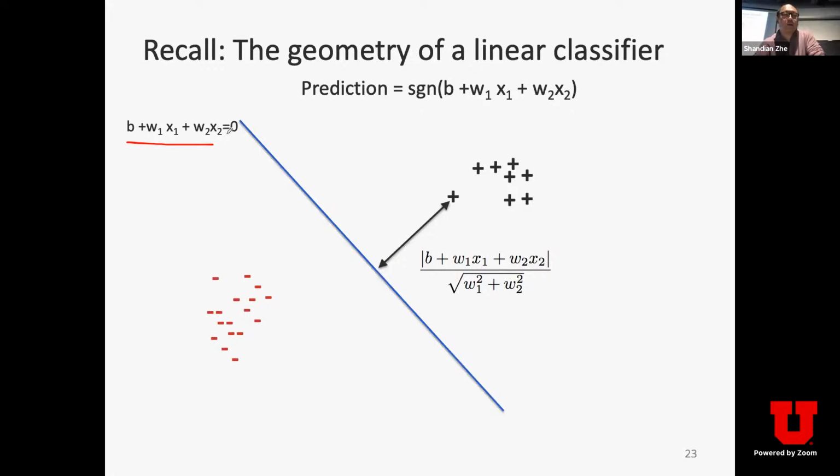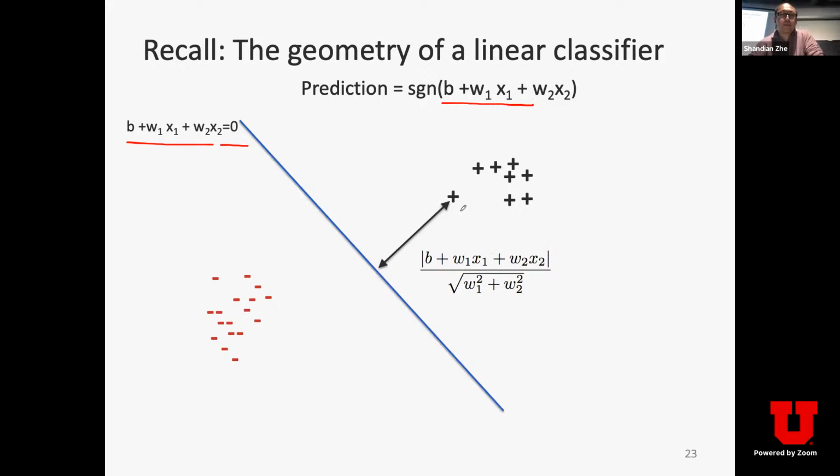This hyperplane algebraically is described by an equation, that is, the classification score is 0. And the prediction is made by the sign of the classification score.